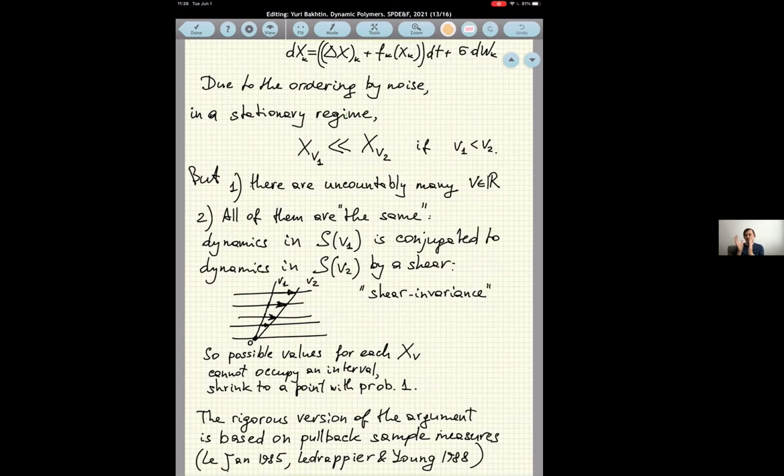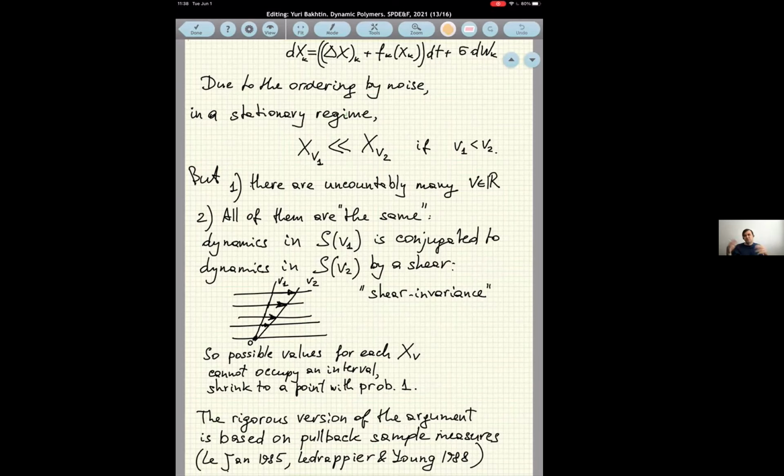Like the dynamics for shear V is an image of the dynamics for slope 0. You just apply the shear transformation that I attempted to draw here. And if you have uncountably many values of V and things are monotone, then there's no space for having more than one possible value.